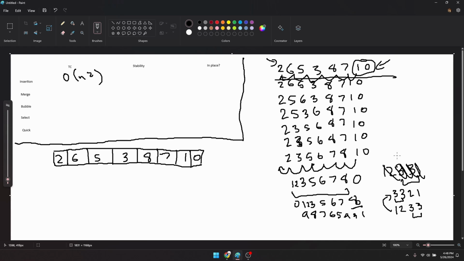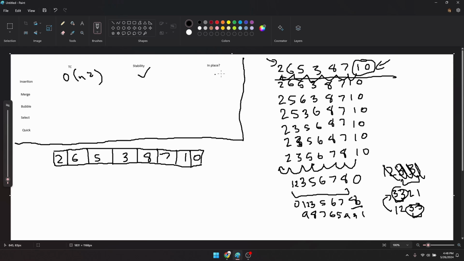So a stable sorting algorithm would ensure that these two equivalent items retain their position. An unstable algorithm would have these two items switched. In this case, insertion sort is a stable algorithm.